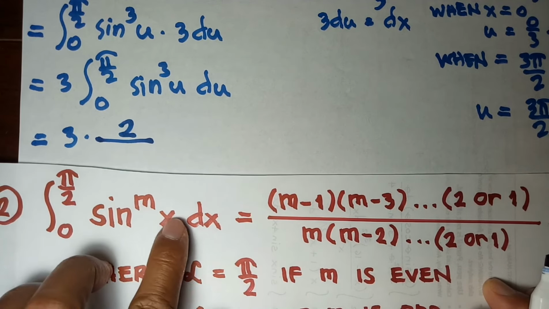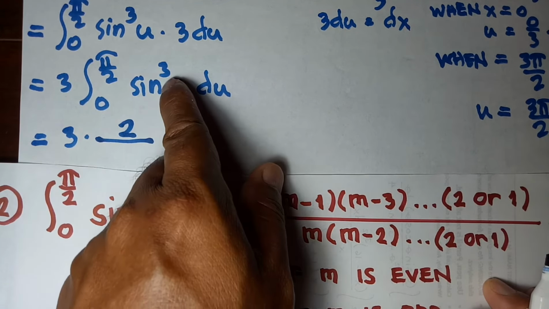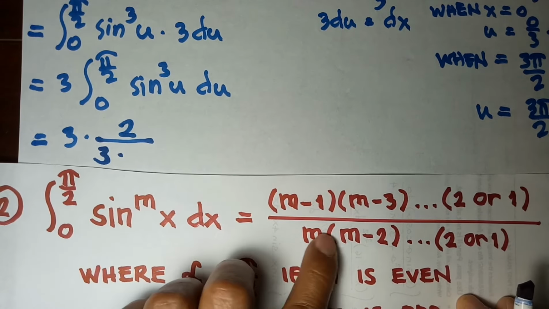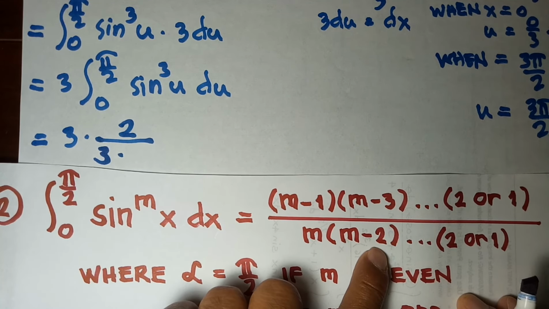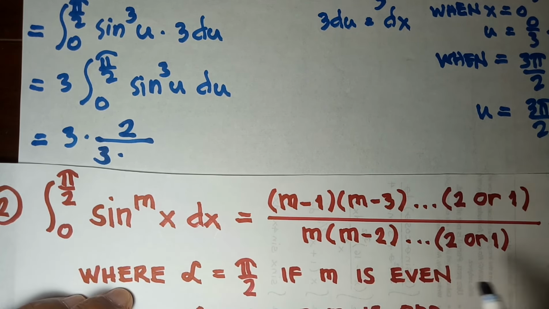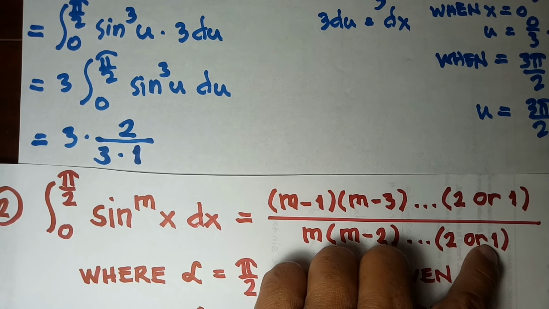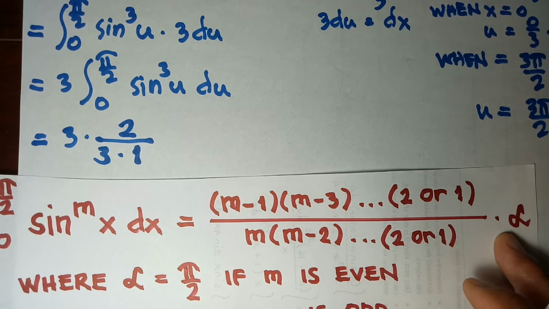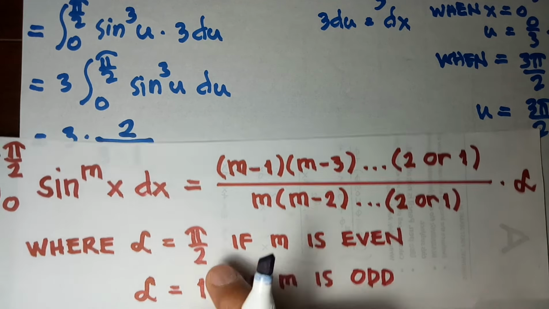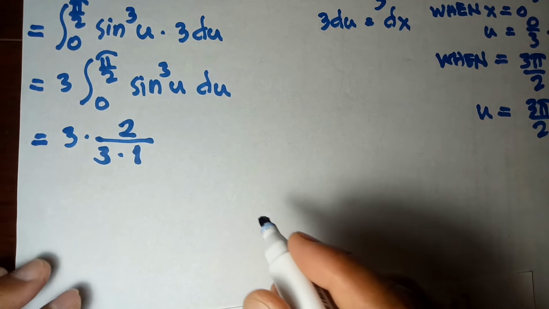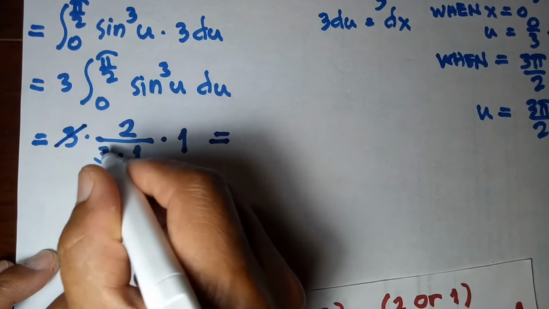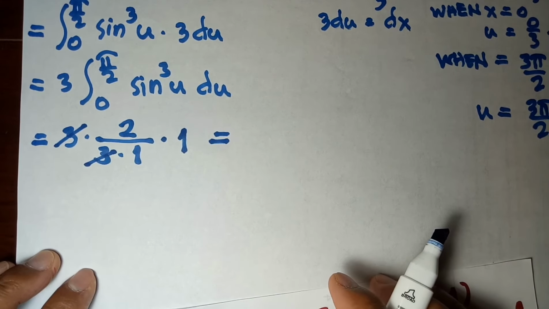So divided by m, yung m natin ay yung 3. And then times, ang kasunod na term natin ay m minus 2. 3 minus 2 ay 1. So dahil narating na natin yung difference na 1 ay tapos na tayo doon. So ang kasunod na natin ay times alpha. Ngayon, alpha is 1 because the exponent is odd. So times 1. So, cancel 3. So, ang sagot natin ay 2.